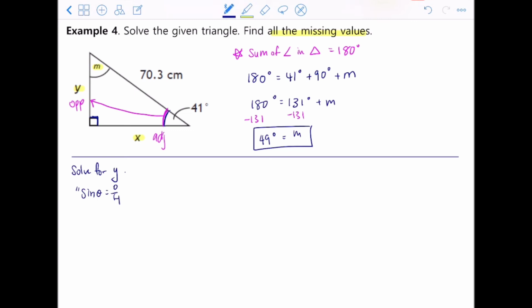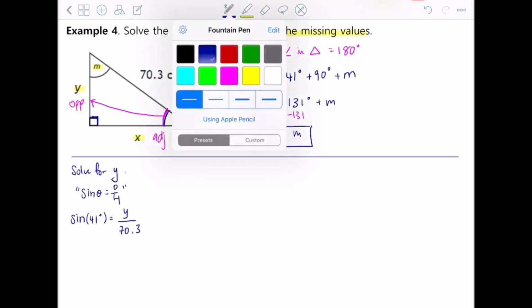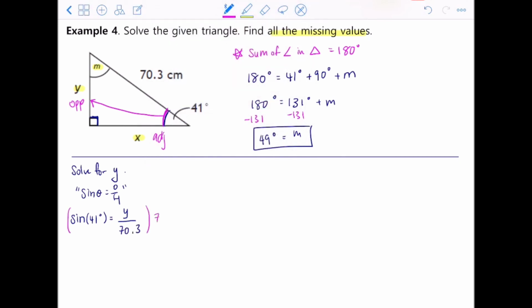So we have the opposite, y, we have the angle theta, which is 41, we have that value, it's not unknown, and we also have a hypotenuse, which is also known. Okay, so we can just sub in all the values we know. Sine of 41 degrees equals opposite, the one we're looking for, y, over hypotenuse, 70.3. Alright, so we'll just isolate y by multiplying 70.3 to both sides. So we have 70.3 times sine of 41 degrees equals y.